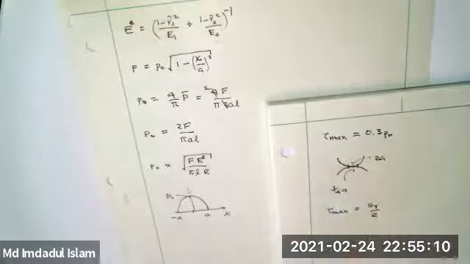But for yielding, tau max is SY upon 2. When you have a uniaxial tensile test and you pull it, and you get sigma X or sigma Y, shall we say, equal to SY, then the peak shear stress is half of that. And so yielding is occurring when the tau max is SY upon 2.